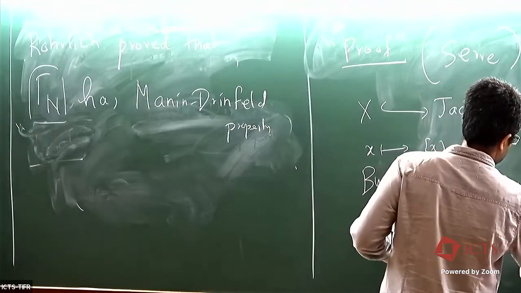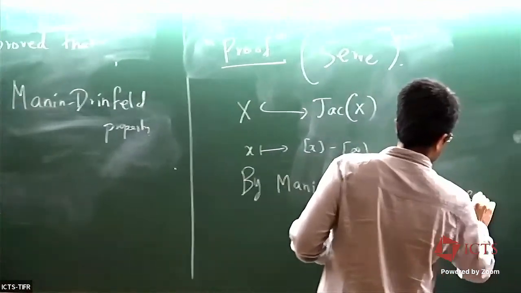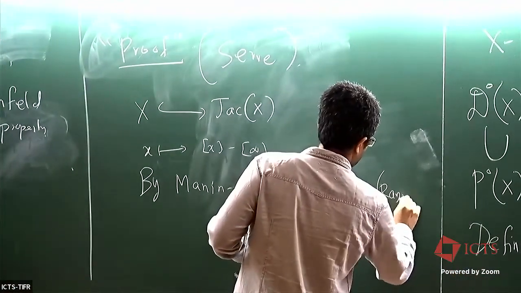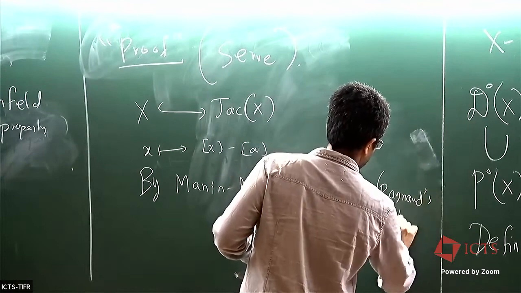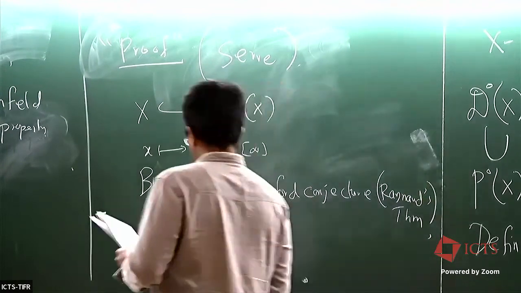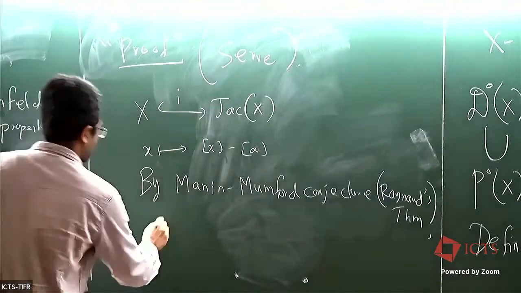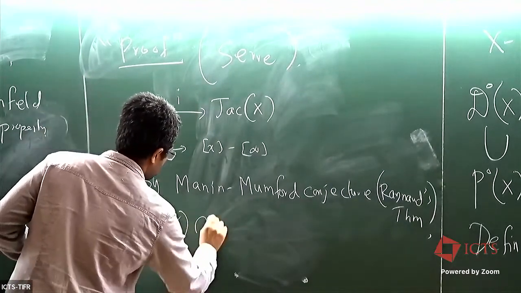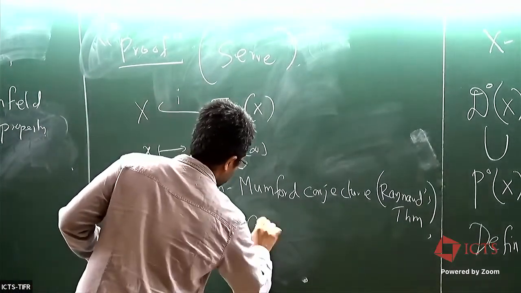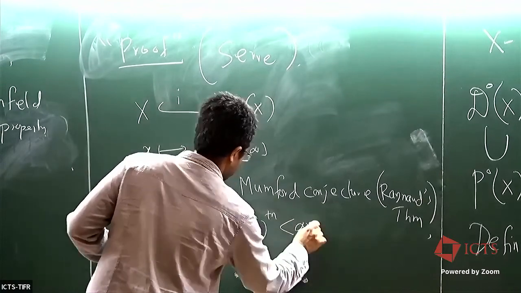So you have this, by a conjecture, which is Rohrlich's theorem, you have this, let's call it I X, intersection is finite.